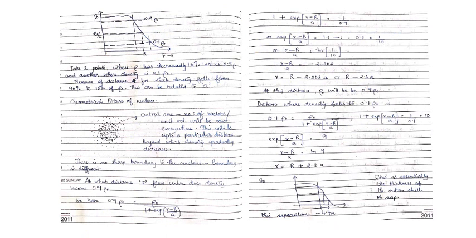Now if we consider 2 points on this graph, one point is where your density has decreased by 10%. A decrease by 10% would mean the value of density is 0.9 rho 0.